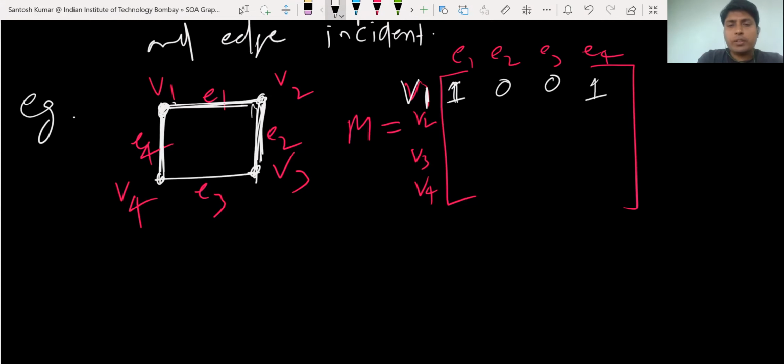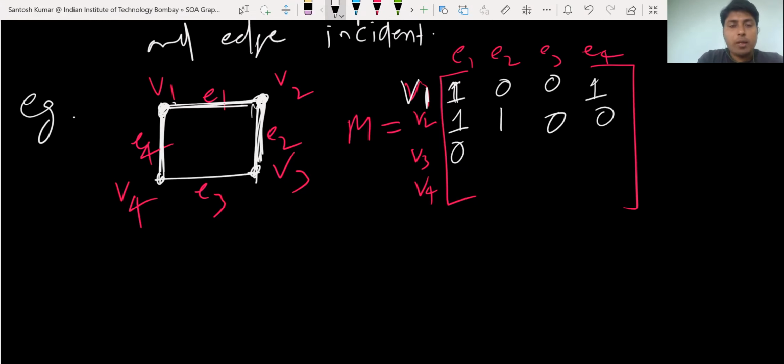Now similarly the second vertex, V2. This will be 1 because vertex V2 is incident 1 time with E1, and V2 with E2, yes, 1, and then V2 with E3, 0, and V2 with E4, 0. Now V3 with E1, 0.